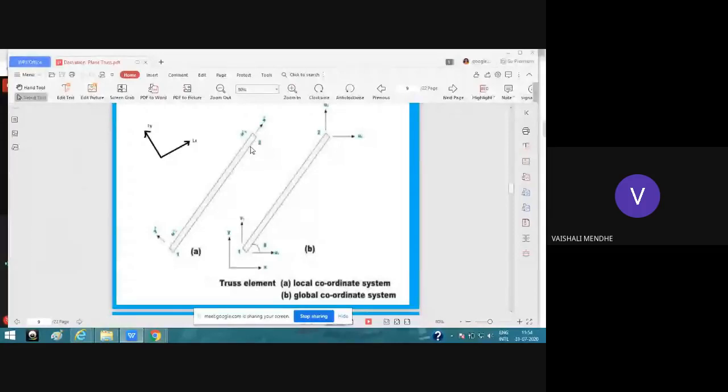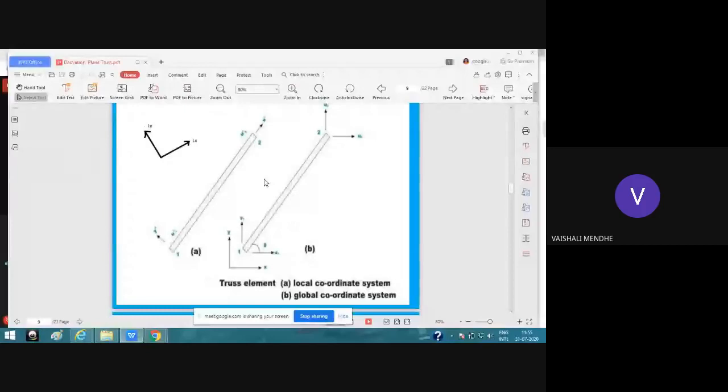The first figure, A, shows the local coordinate system of this truss element, and figure B shows the global coordinate system.